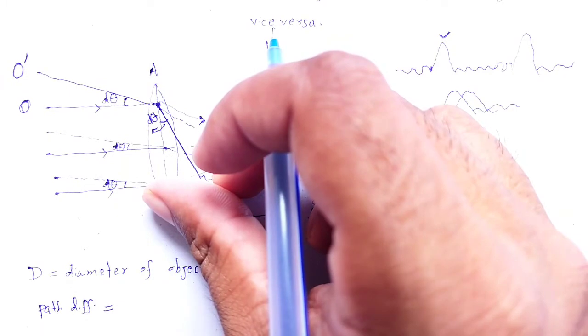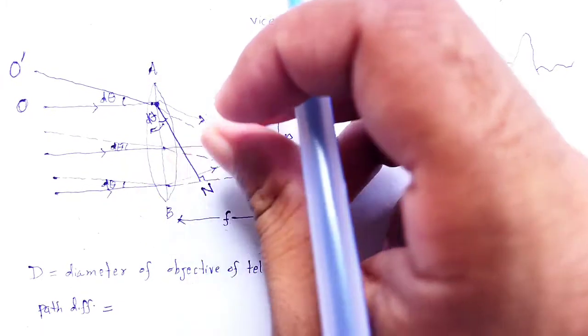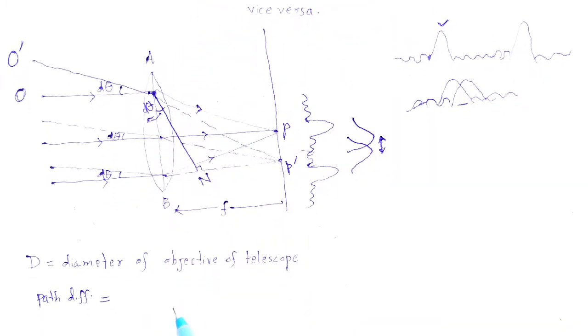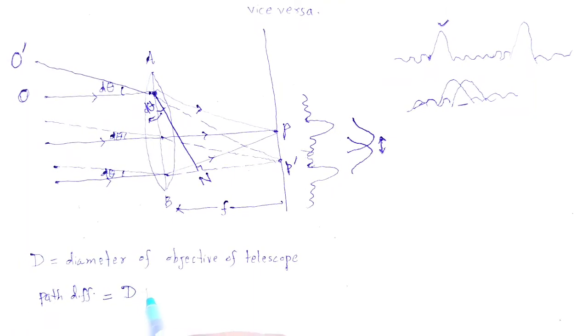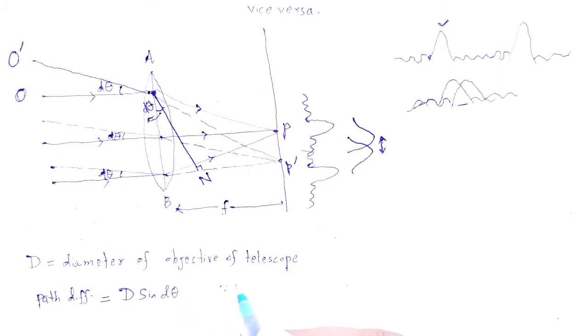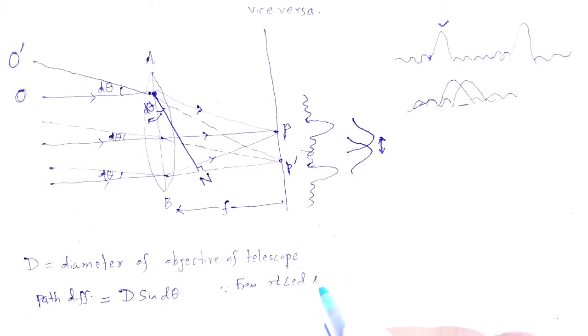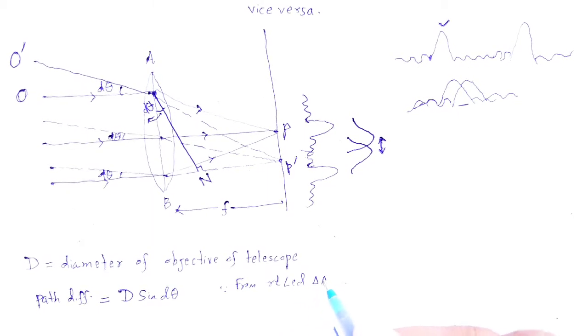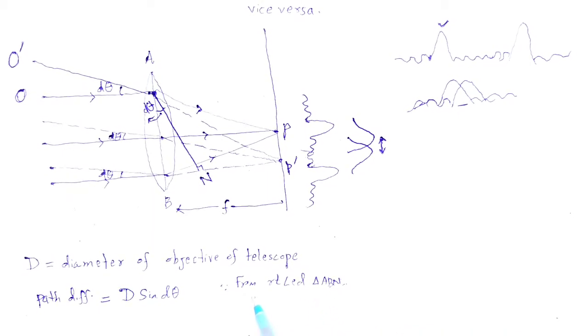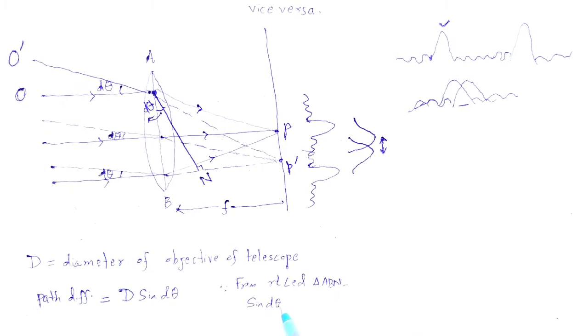So, Bn, that is the path difference, is equal to AB sin d theta, which is d sin d theta.